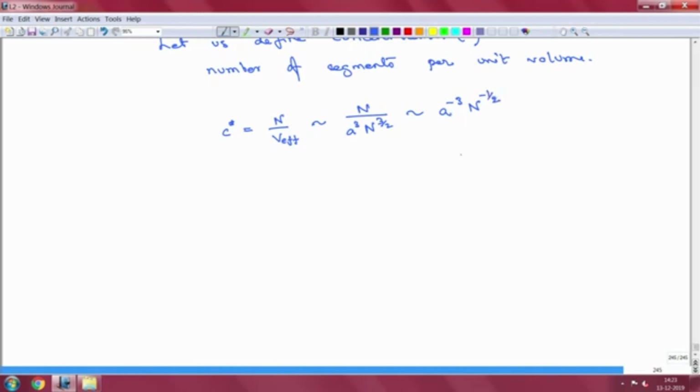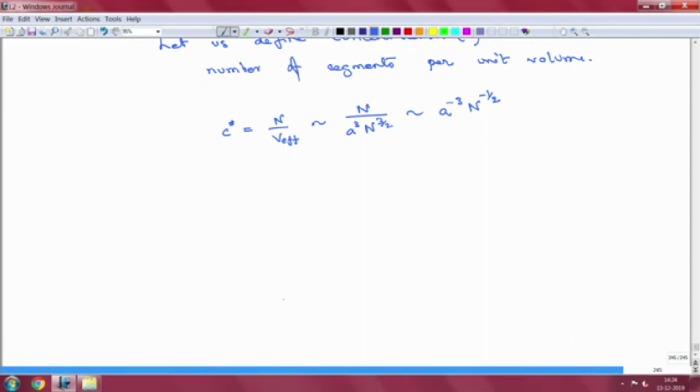This is a very important equation because it gives you the dependence of C star on n. Usually for polymers, if the backbone is a carbon chain, you do not have much control over the size of the segment length, but it is n which is usually varied. So, this gives you a very nice explicit dependence of C star on n.